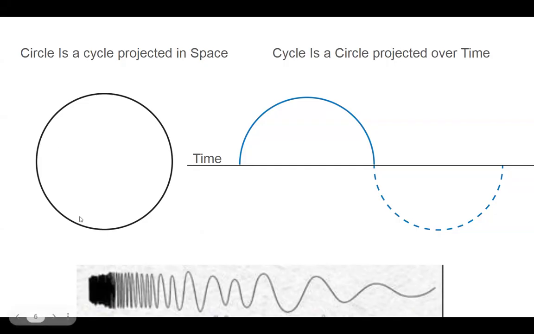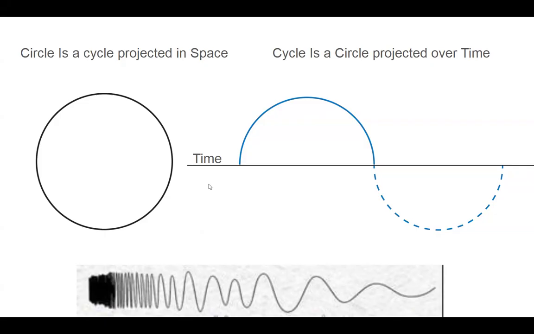Here we have a circle, right? It's infinite. We call this in Kemet Nehehe. It's an infinite cycle. This we called Jet.